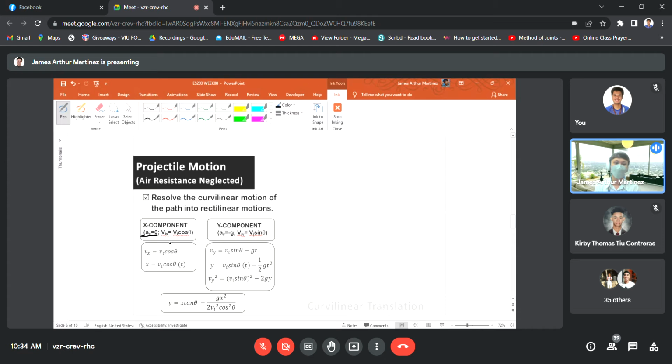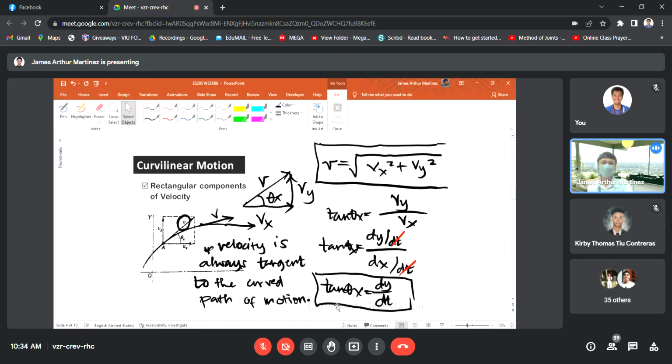And then for your velocity on the x component, you have this consideration that Vix is equal to Vi cosine theta. Where does it come from? Earlier, we discussed the rectangular component of velocity.